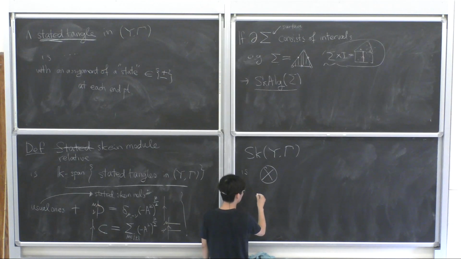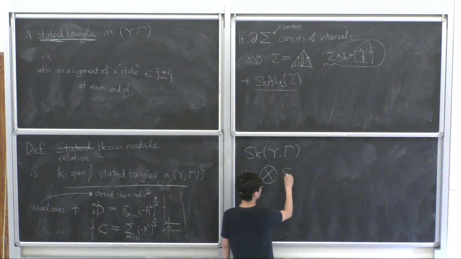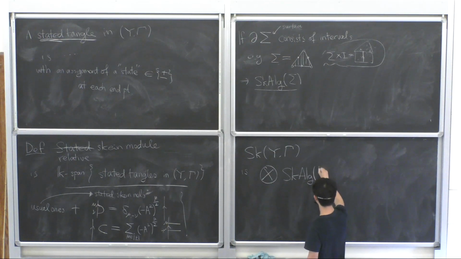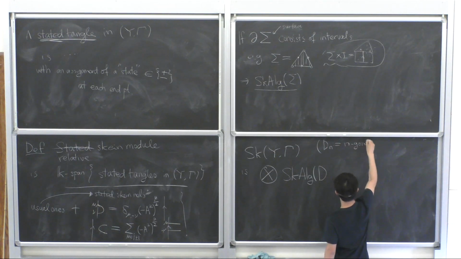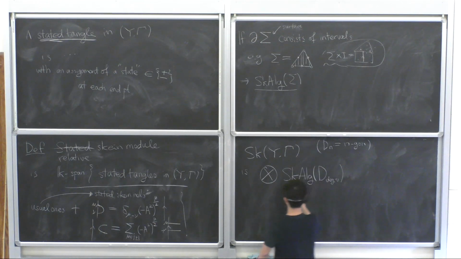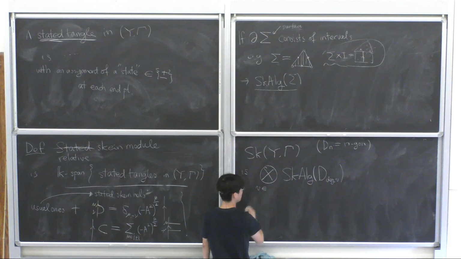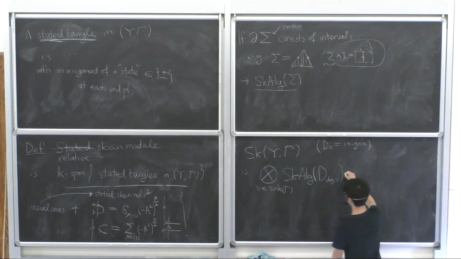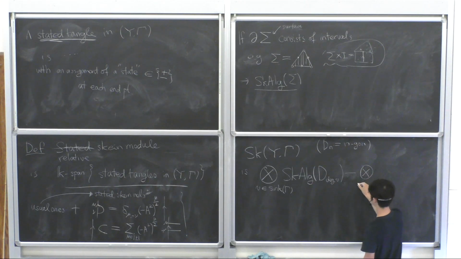It's a left module over the tensor product of stated Skein algebras of polygons, where D_n is the n-gon, so D of degree of v, one for each sink vertex v of gamma, and it's the right module, the same thing, over source vertices.